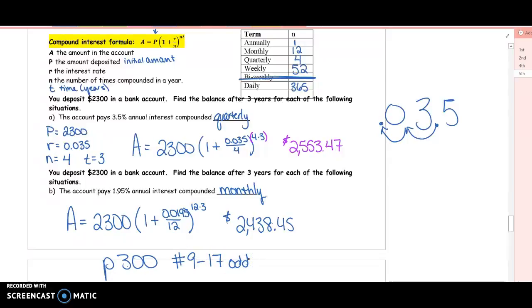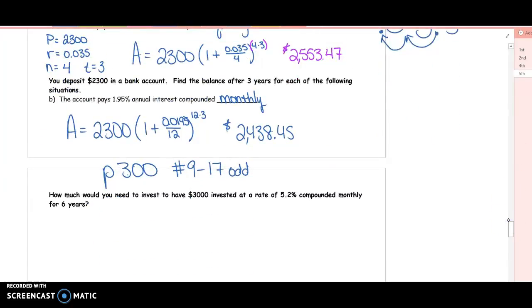On numbers 9 through 17, the directions say, determine whether it's exponential growth or decay and graph the function. Don't graph the function. That's way too much work. I really just want you to identify, is it exponential growth or exponential decay? That's it. Then do numbers 21, 23 through 24, and 41 through 43.